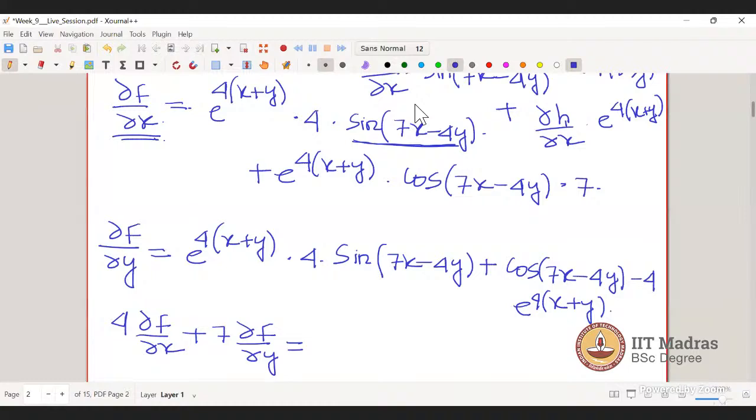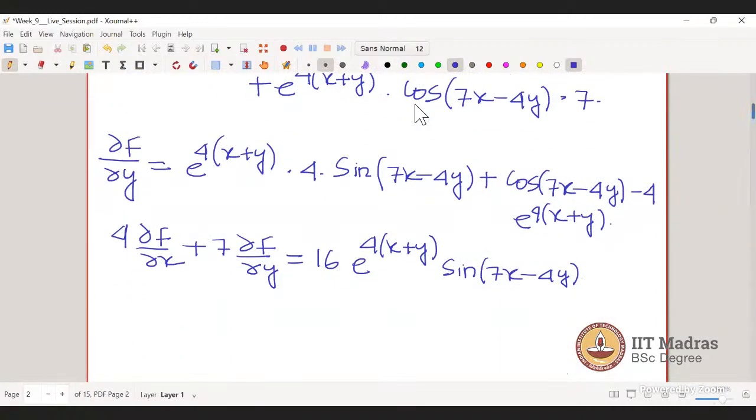We have to multiply 4 over here, so we'll get 16 e^(4x+y) sin(7x minus 4y), plus 28 e^(4x+y) cos(7x minus 4y).